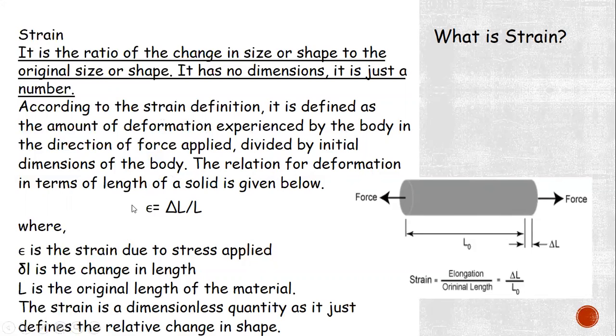The relation can be mathematically written as epsilon equals delta L upon L, where epsilon is the strain, delta L is the change in length, and L is the original length. The strain is a dimensionless quantity as it just defines the relative change in shape. That is, strain is the elongation delta L per unit original length.